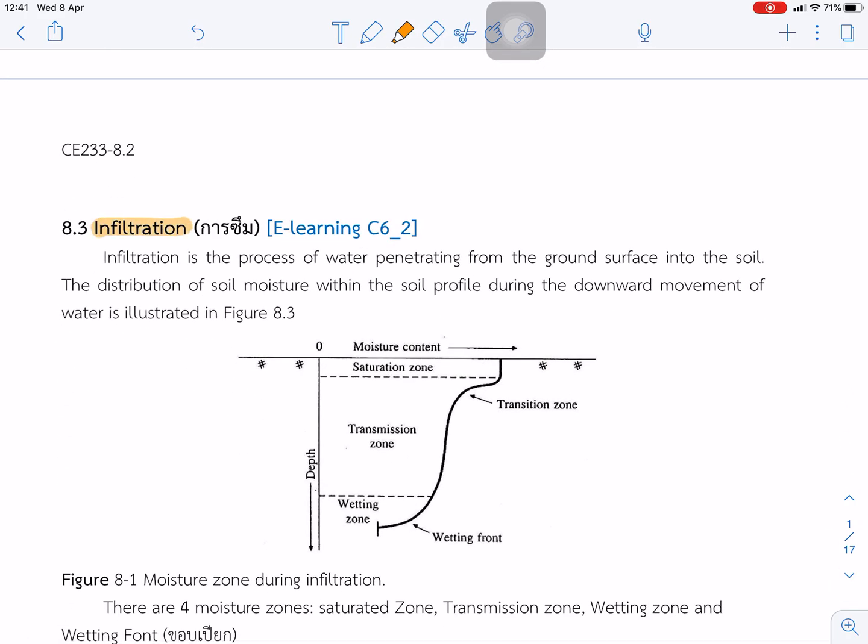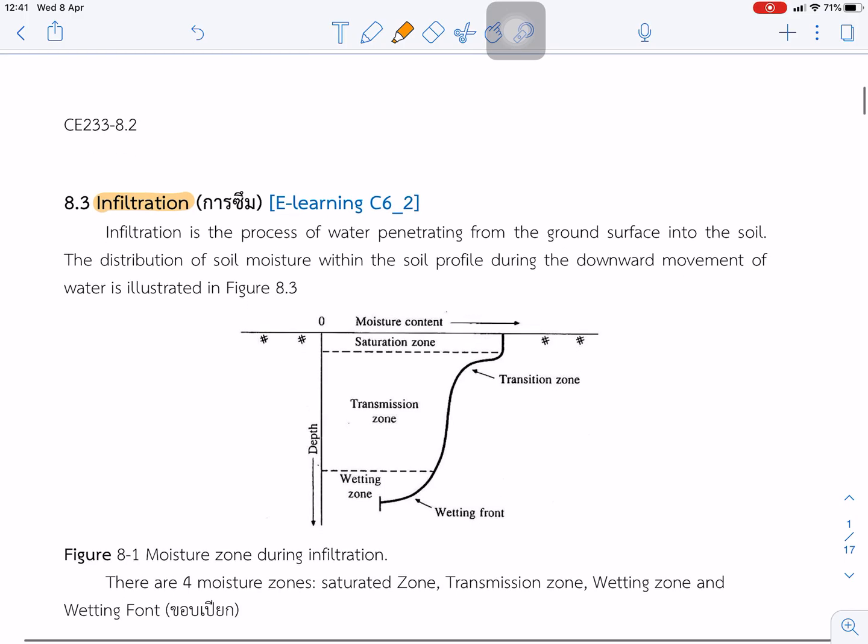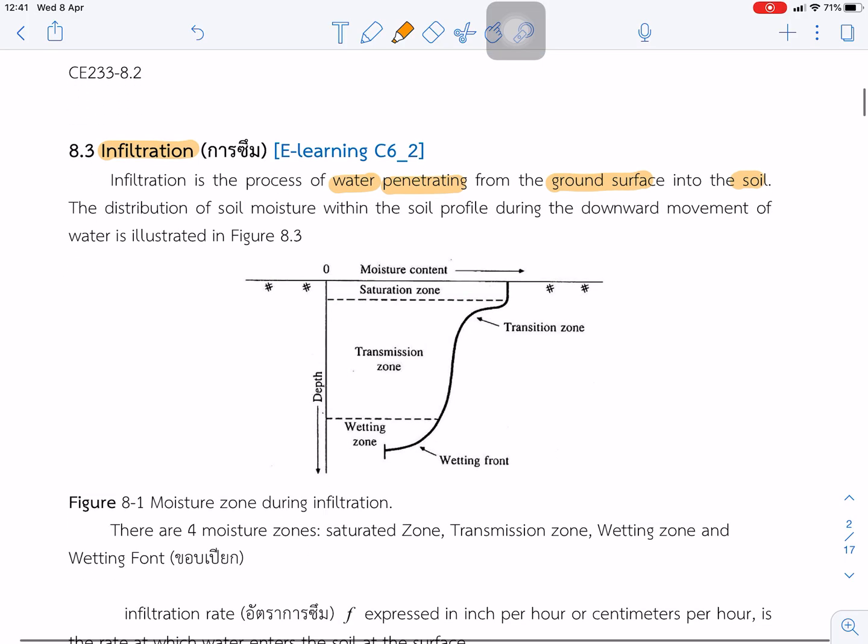Infiltration. Infiltration is the process of water penetrating from the ground surface into the soil. This figure shows the distribution of the soil moisture. We can draw it like this: soil moisture and depth.